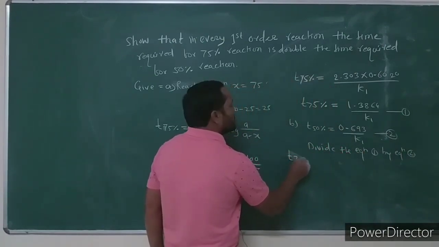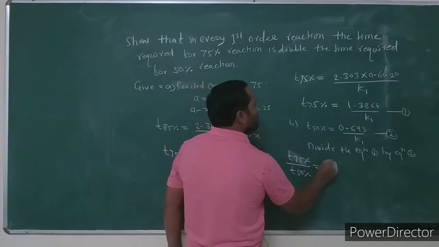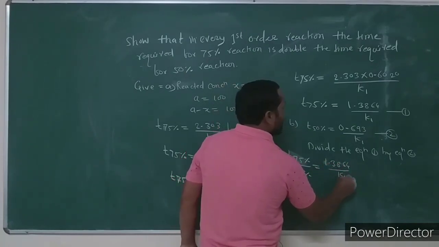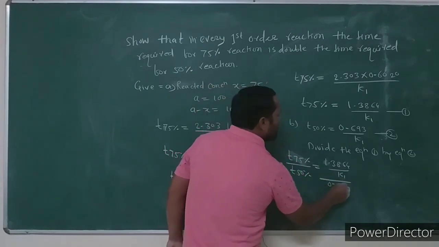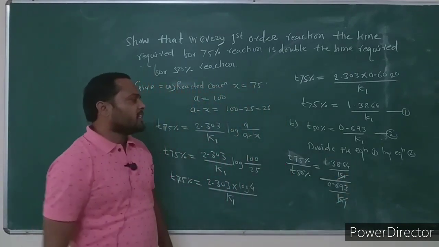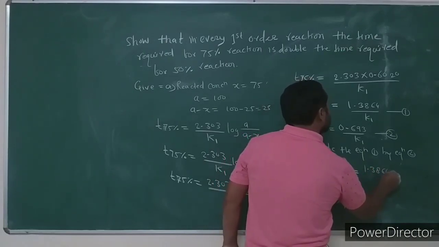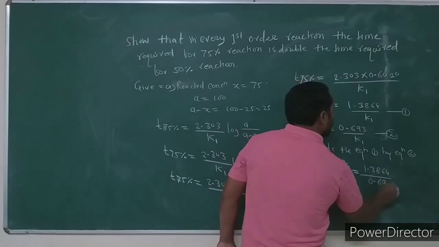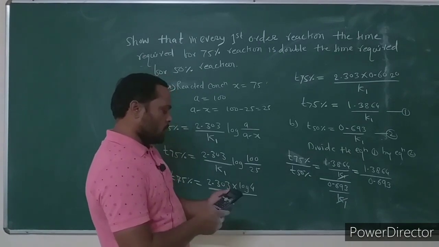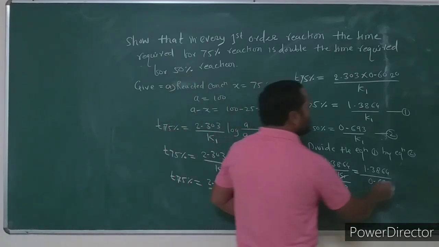We can divide T75 by T50%, which is equal to 1.3864 divided by K1 divided by 0.693 divided by K1. This K1 gets cancelled, and it is equal to 1.3864 divided by 0.693, which is equal to 2.